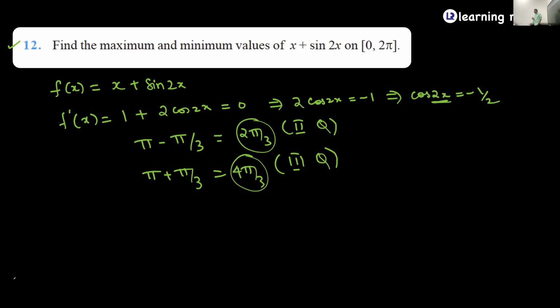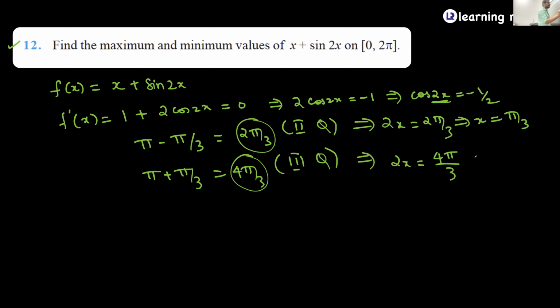It is the value of 2x. So 2x is equal to 2 pi by 3. All that we need is the value of x. So what is the value of x? x is pi by 3. Similarly, 2x is equal to 4 pi by 3. What is going to be the value of x? x is 2 pi by 3.